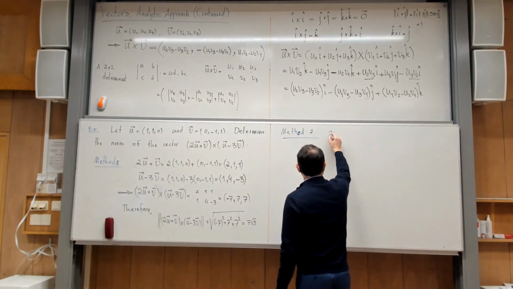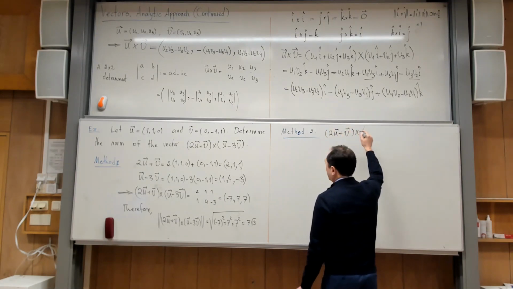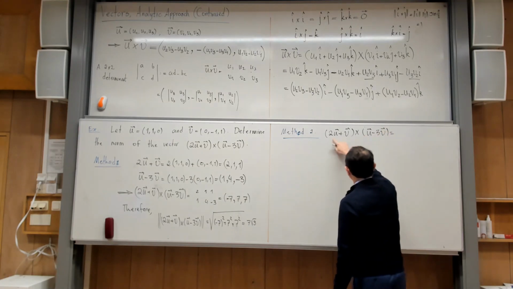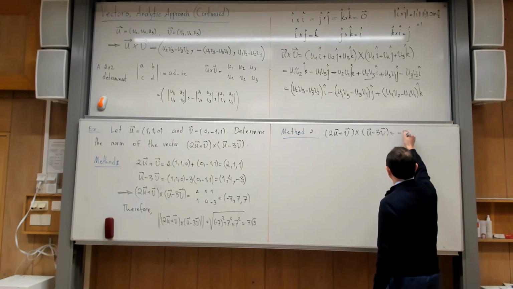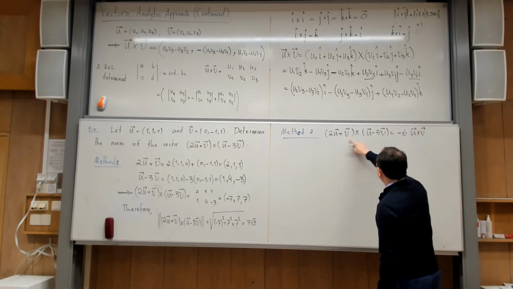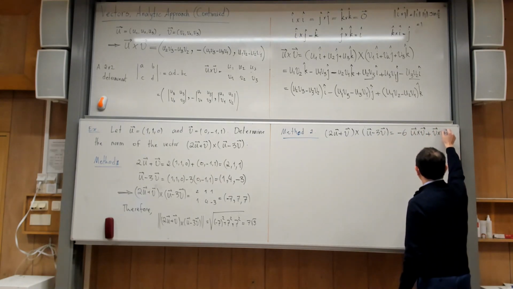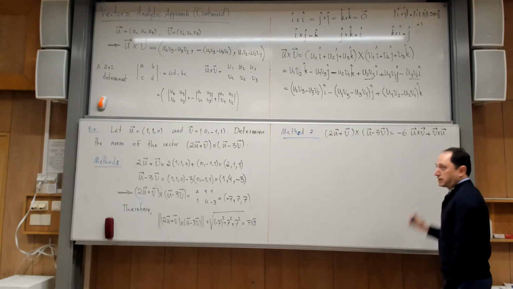So 2u plus v cross-product with u minus 3v becomes: this cross product by that one is 0, this one by that one is minus 6 u cross v, this one by that one is plus v cross u, you have to pay attention to the order, and this one by the last one is again 0.